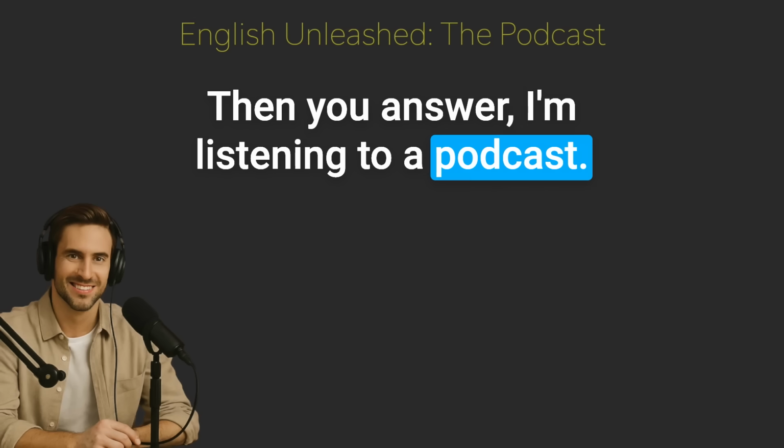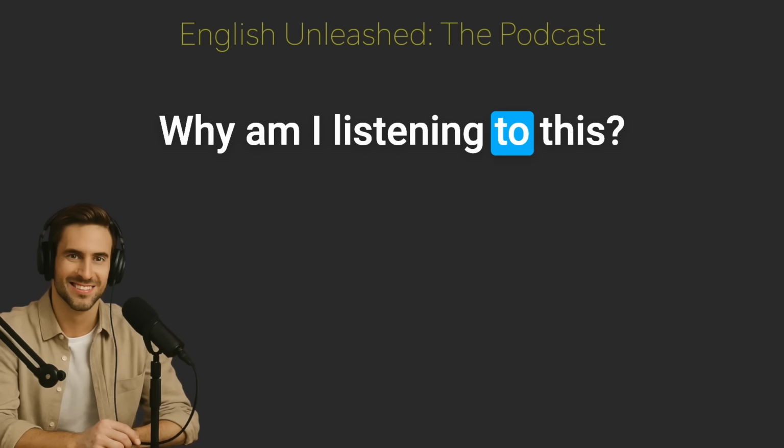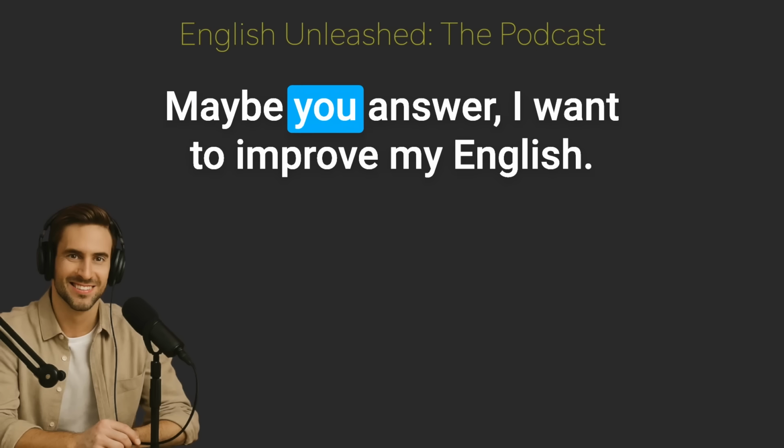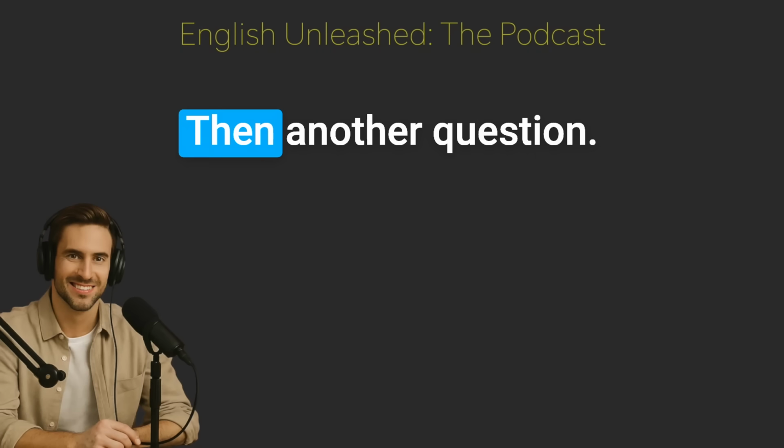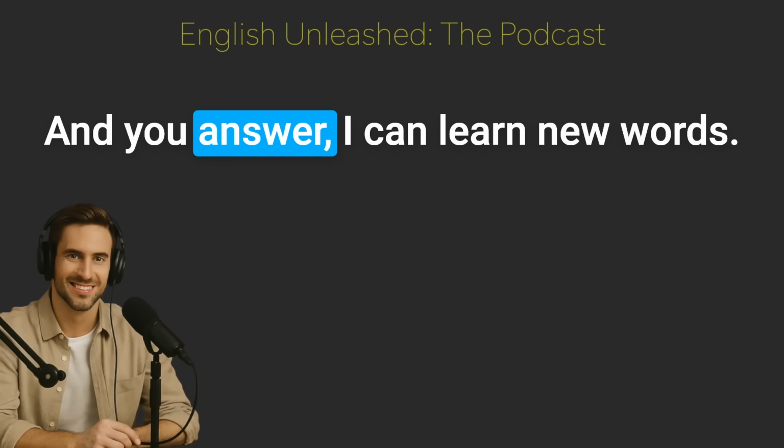I'm listening to a podcast. Then ask another question. Why am I listening to this? Maybe you answer, I want to improve my English. Then another question. How can this help me? And you answer, I can learn new words.